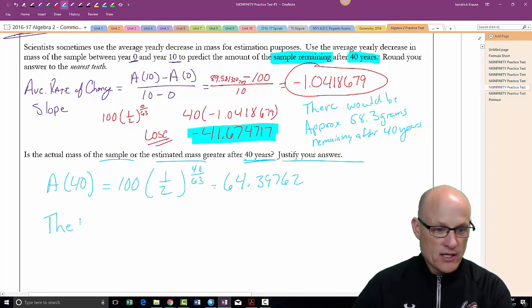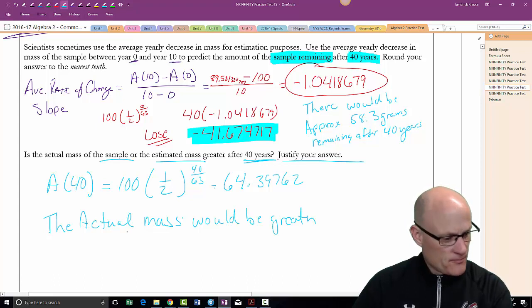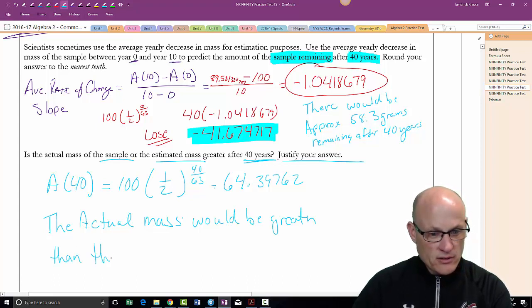So is the actual mass of the sample or the estimated mass greater? The actual mass would be greater than the estimated amount. Now, why is that?